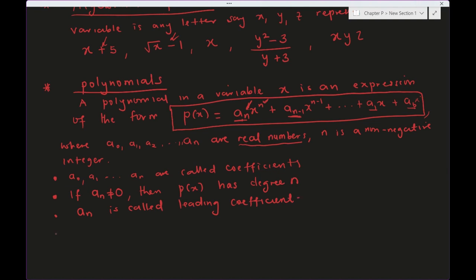And one more thing is a_0. You can see that the powers of x are reducing. The second to the last term, the power of x is 1. The last term, you can say the power of x is 0. So a_0, which is the coefficient of x to power 0, is called the constant term.